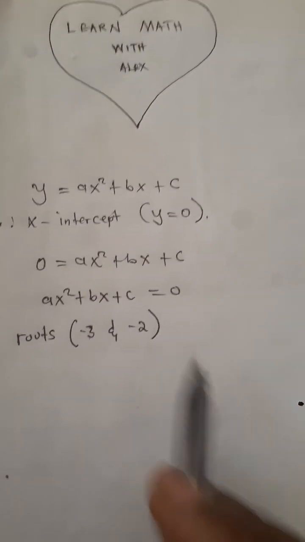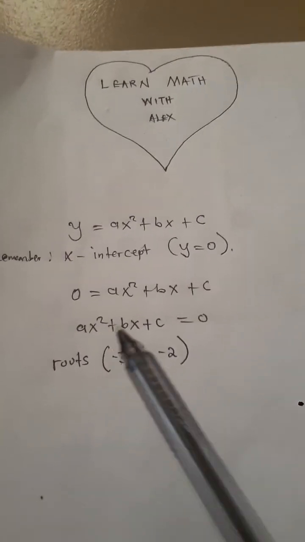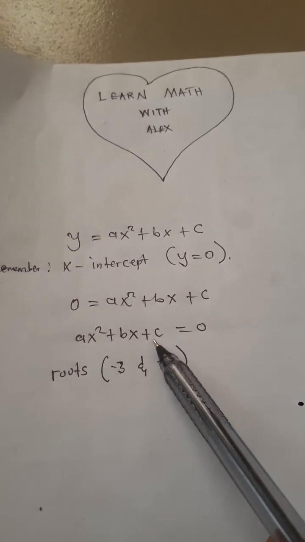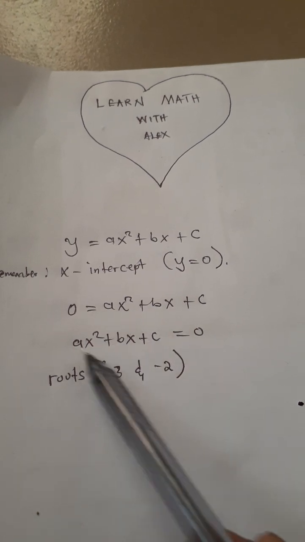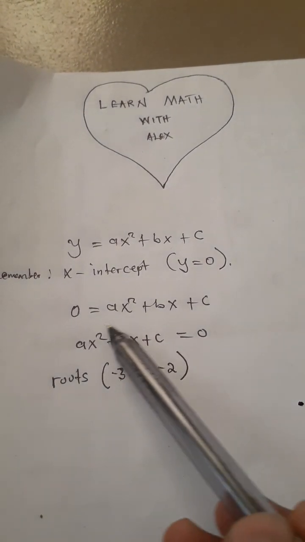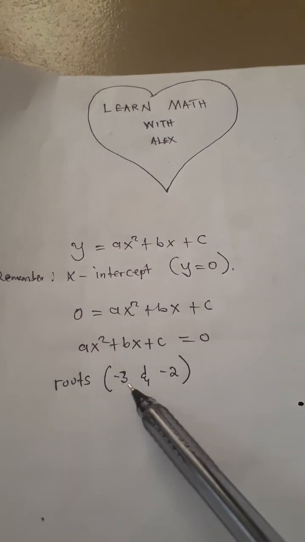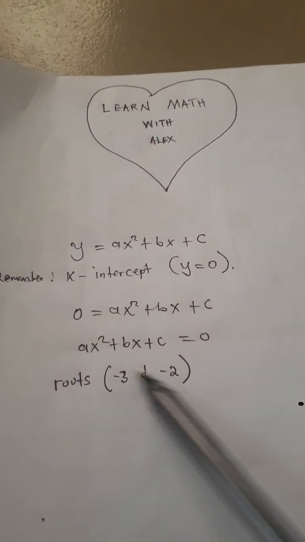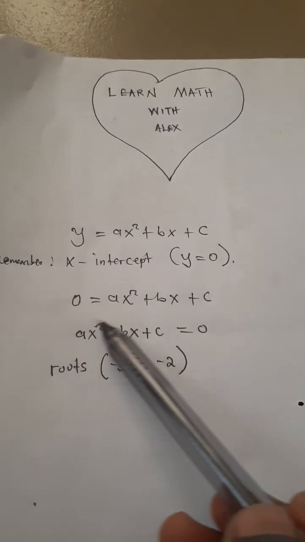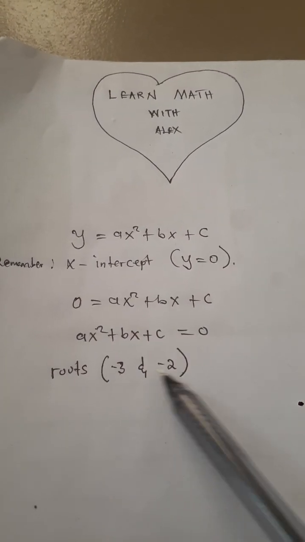So to find a, b, and c, you just find the quadratic equation. Since you've been given the roots, these roots can help you find the quadratic equation. I hope you know how to find the quadratic equation when you're given roots.